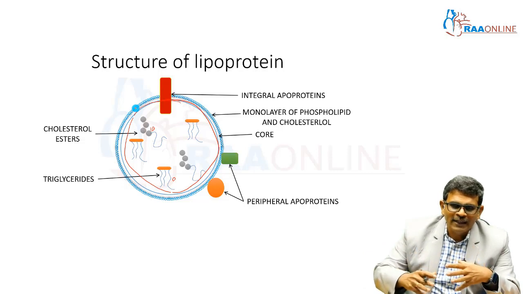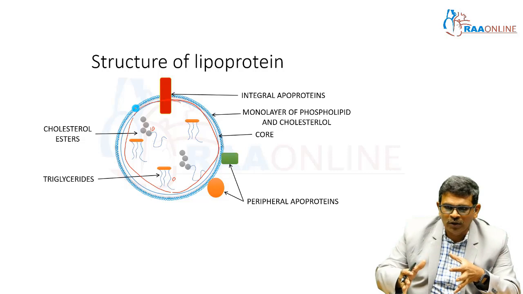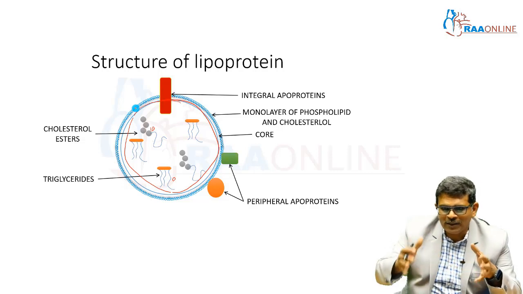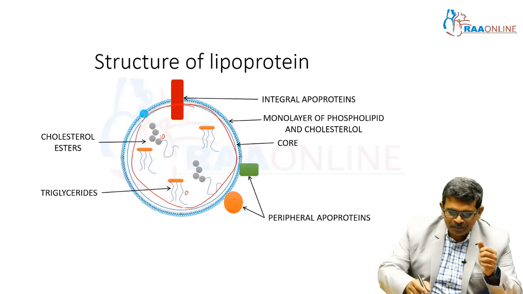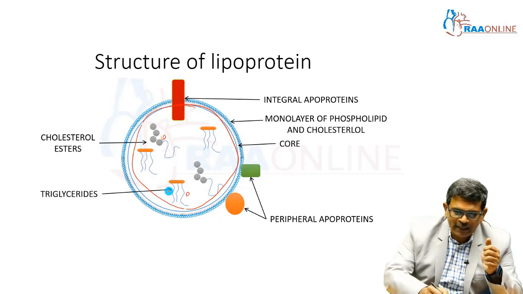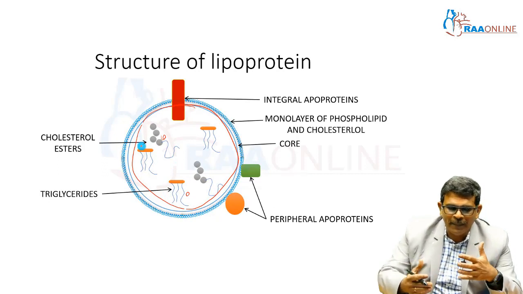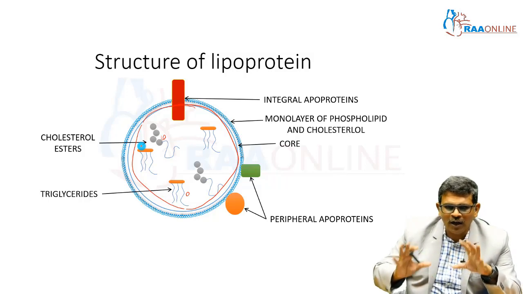This medium is made up of a proteinaceous outer coat: a monolayer of phospholipid, with cholesterol also present. Cholesterol esters and triglycerides are in the core, surrounded by cholesterol, with an outer layer of phospholipids. This forms the vehicle which carries cholesterol and cholesterol esters.